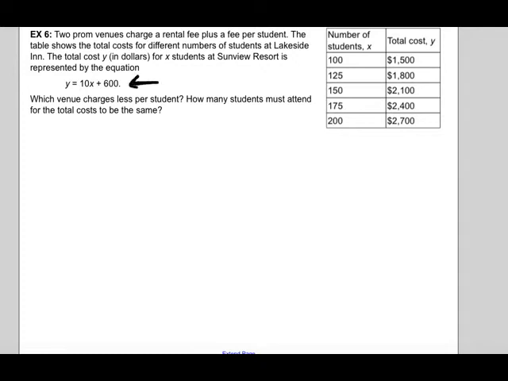So this is Sunview. And this is Lakeside over here. Okay, it asks, which venue charges less per student? How many students must attend for the total cost to be the same?